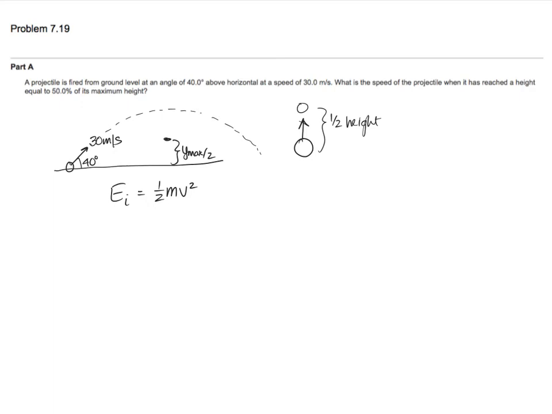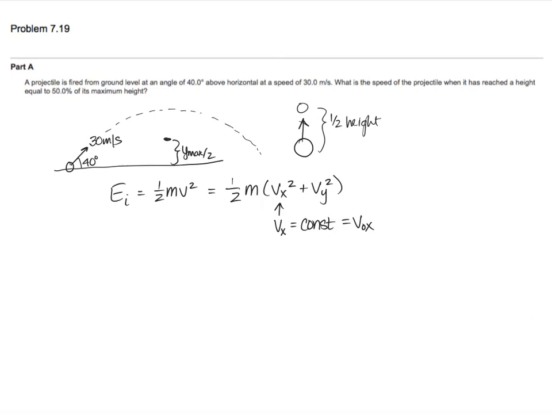what we have to remember is we have to think about what's happening to the velocity for a projectile when it's shot at an angle. Keep in mind that v squared can be thought of as a combination of the x and y components. But for a projectile, vx is a constant, and it's equal to whatever it was initially.